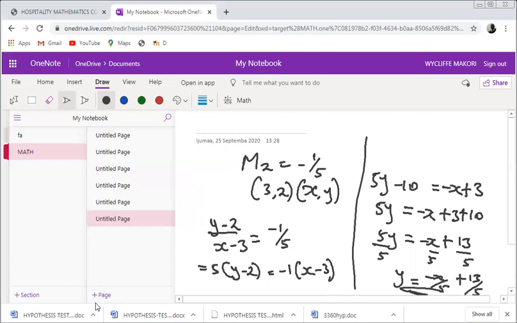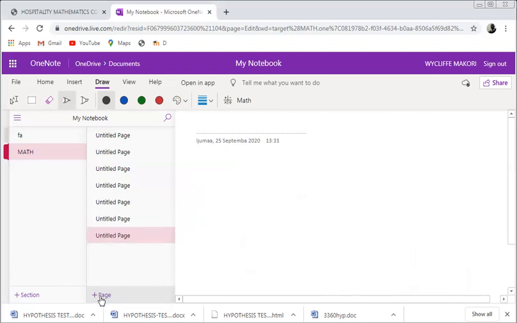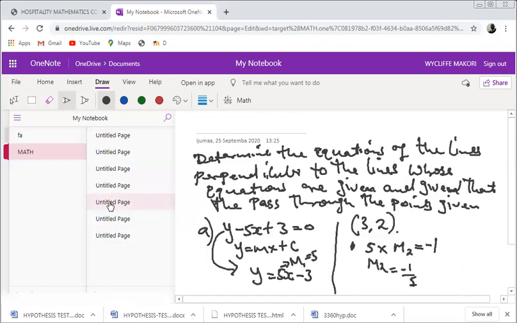I want you to try this on your own. The question remains the same. The statement remains the same. Determine the equation of the lines perpendicular to the lines whose equations are given, and given that they pass through the points given.